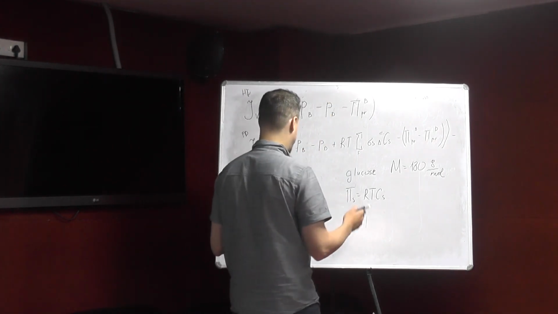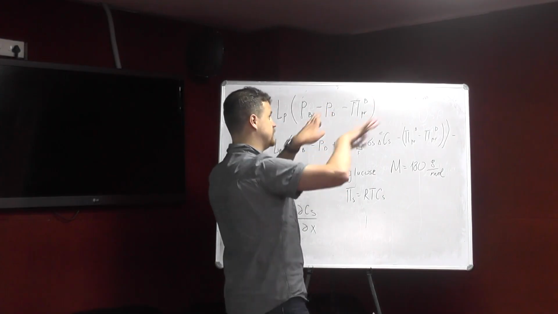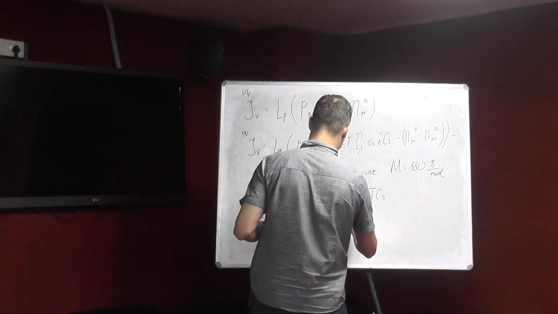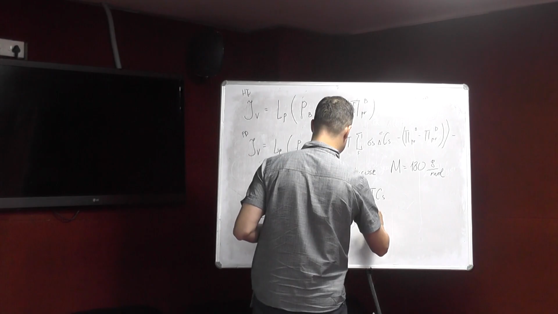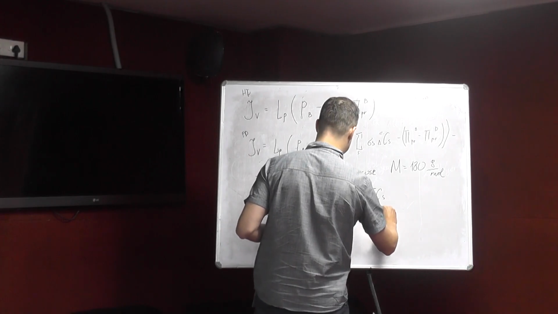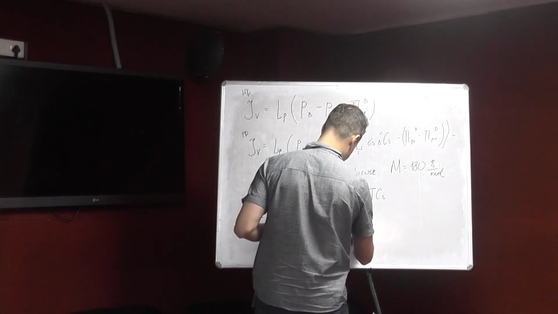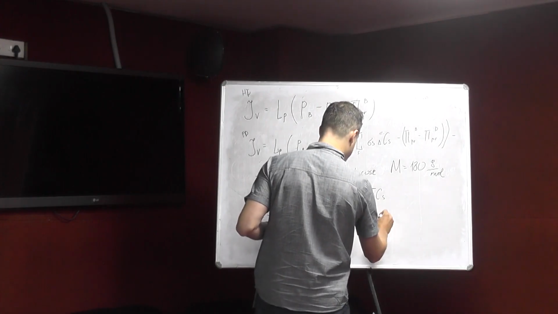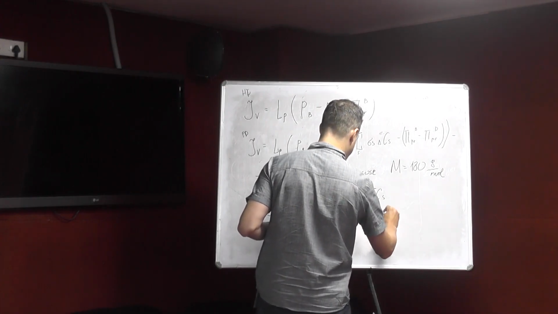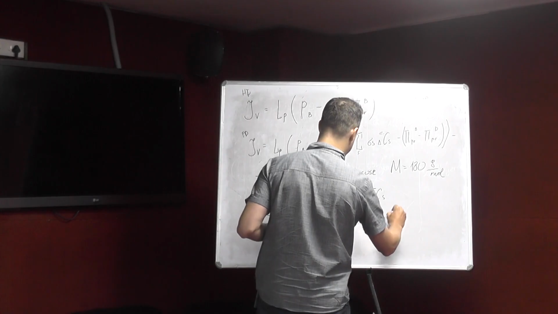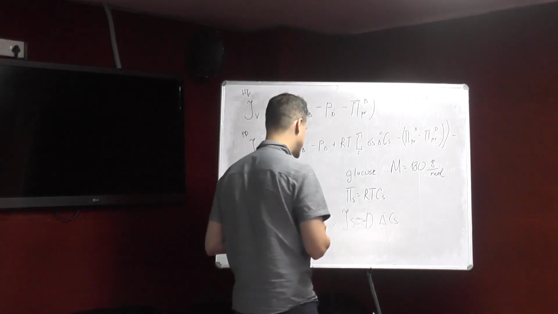But if we experience diffusion in multiple directions, it is usually written like this: diffusion coefficient multiplied by minus, of course, the gradient of the solute concentration.